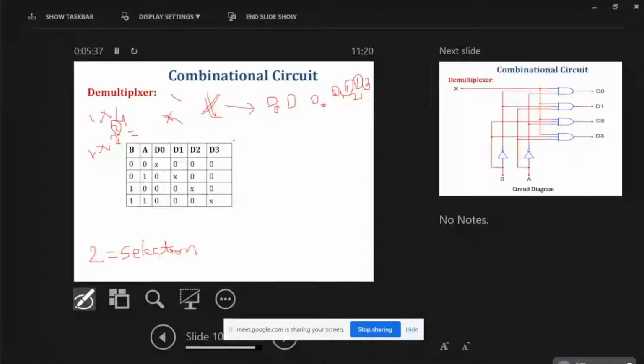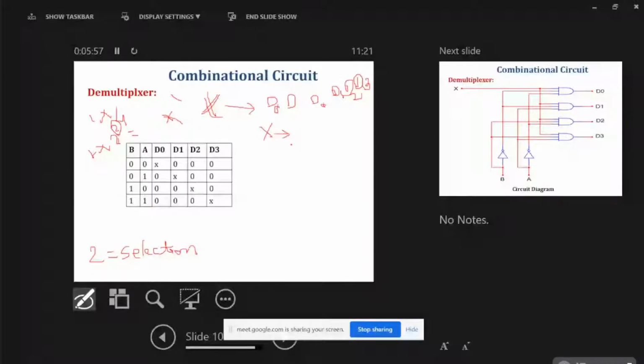Okay, so this is the X. We have to find out for what combination this input will go to which output line.